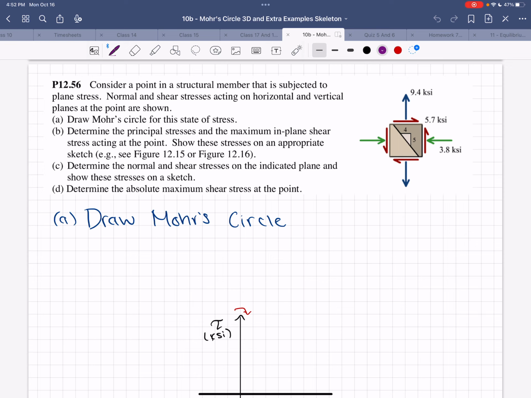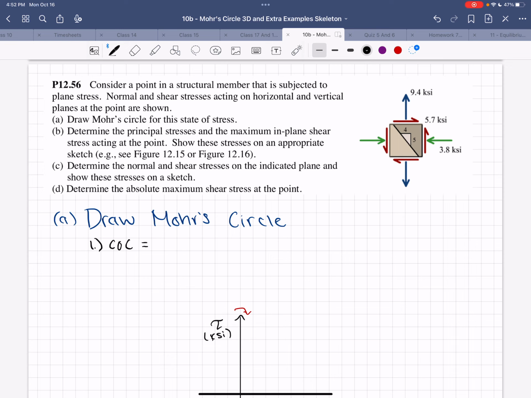Okay, so to draw Mohr's circle, it's good to calculate the center of the circle. We have an equation for that, based on the equation we developed so that we can make this into a circle.